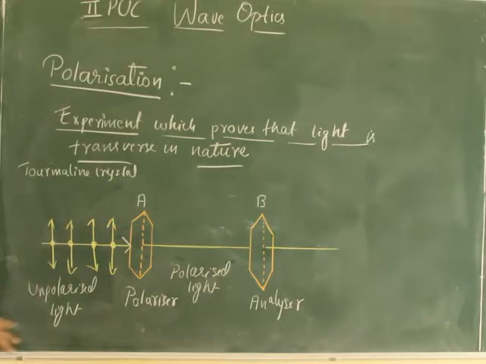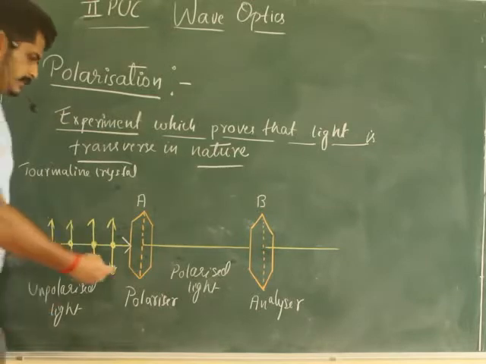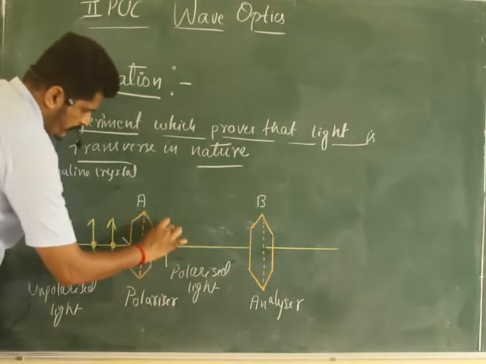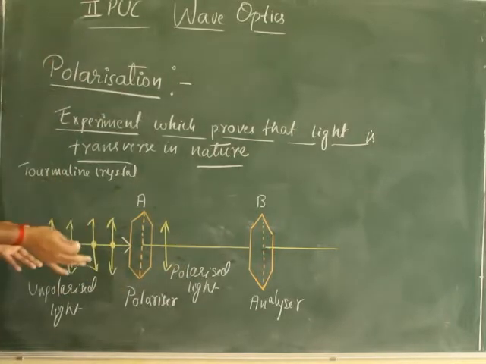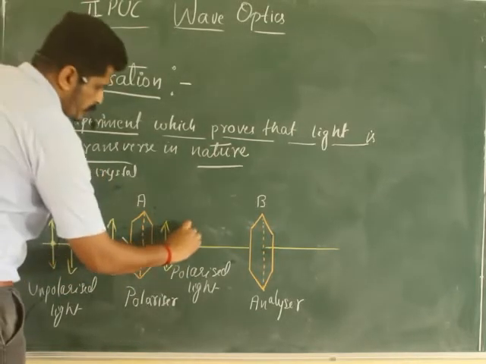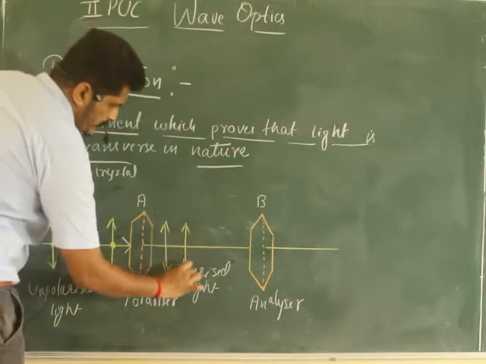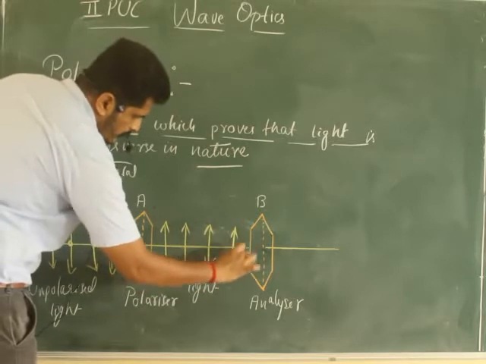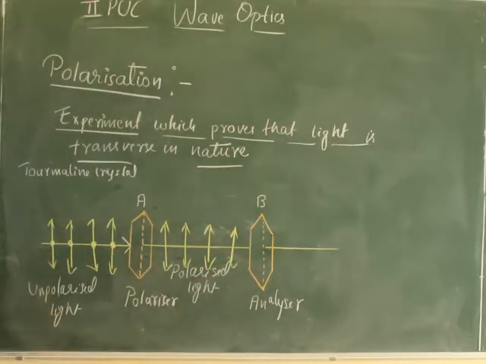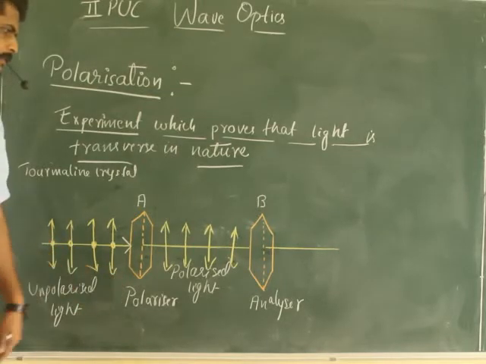They have to get cut, only the Y direction, correct? So here vibration will be like this. What about dot? No dot, because it is already cut. The intensity has reduced. Polarization has taken place. So the polarized light will look like this. Only vertical vibrations are present. Horizontal vibrations are gone because of the polarizer.